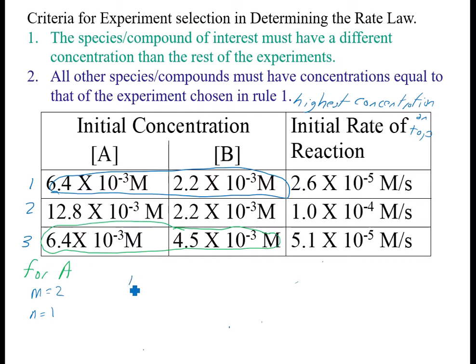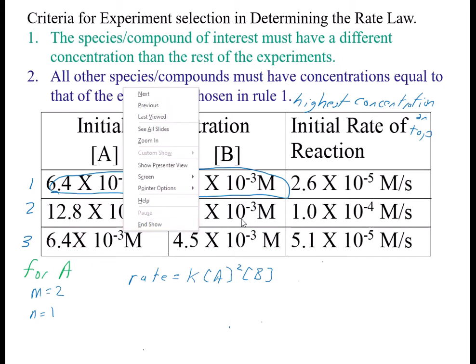So my rate law is: rate is equal to k times the concentration of A squared times B. And then I can use any one of the experiments to find the k.